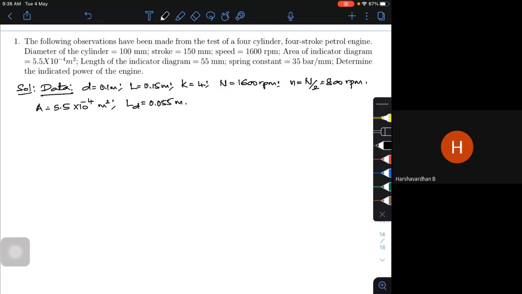Then you have the spring constant, let me call it Ks, which is 35 bar per millimeter. So this is what is given.